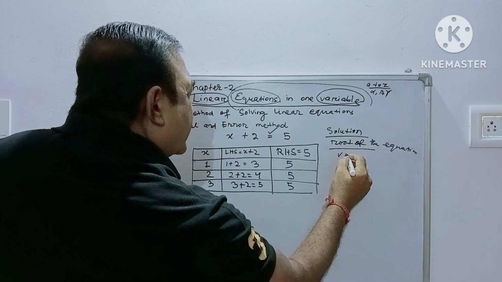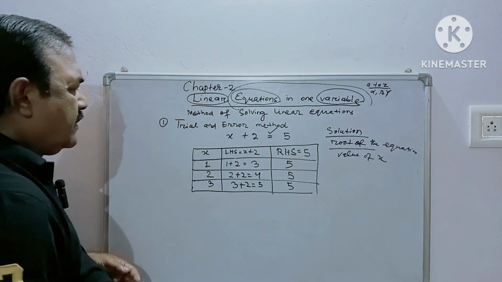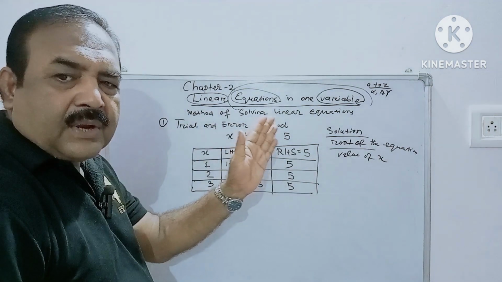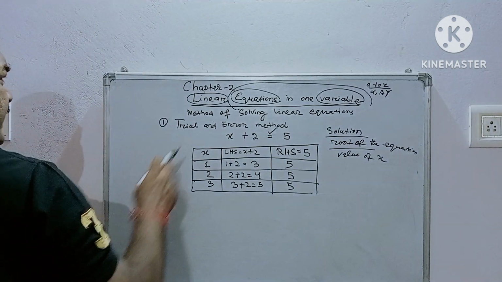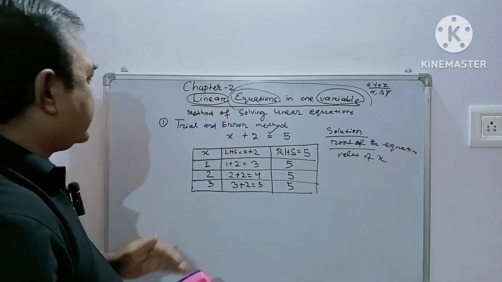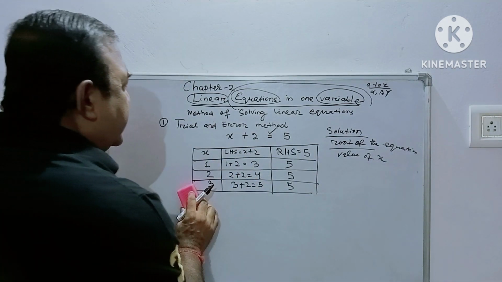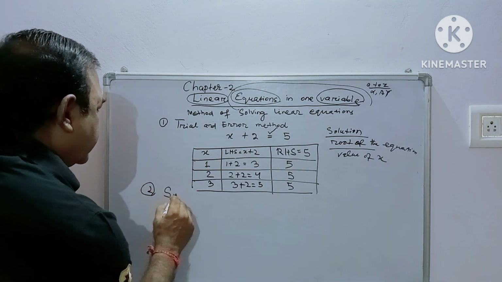Find the value of x. We got the definite value for which the left hand side of the equation is equal to the right hand side. So like this, when you are in a learning stage, you solve like this, and you become mature. So how will you do it? That is the systematic method. The second method is the systematic method.